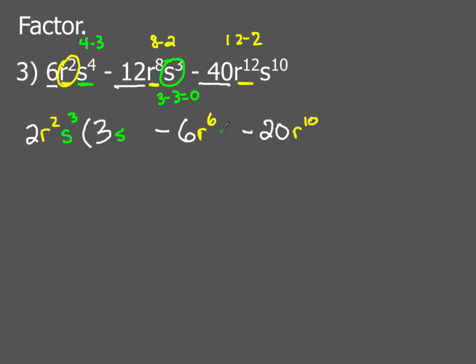And then my final term, s to the 10th, so 10 minus 3 of course is 7, so I'm going to have s to the 7th as my very last term. So this one factors into 2r squared s cubed times the quantity 3s minus 6r to the 6th power minus 20r to the 10th s to the 7th.